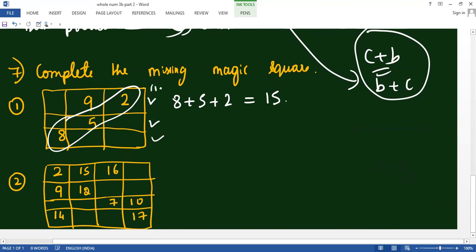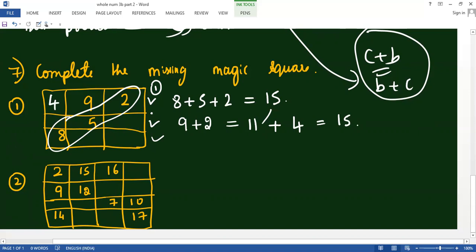Let us take the first row: 9 plus 2 is equal to 11. But we don't need 11, we need 15. To get 15 we need to add 4. So the answer here is 4.